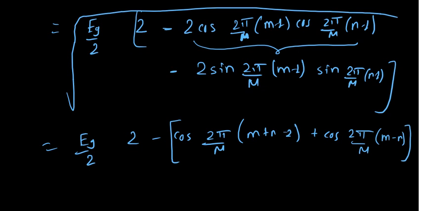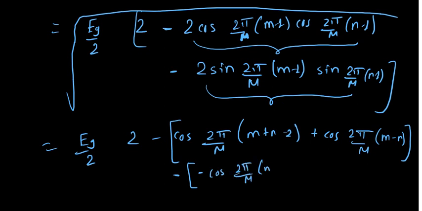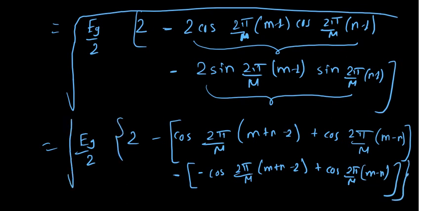And similarly, the minus sign is outside, and we can write this as minus cos plus cos. So first the arguments are added, and second the arguments are subtracted, and everything is under root, mind it.